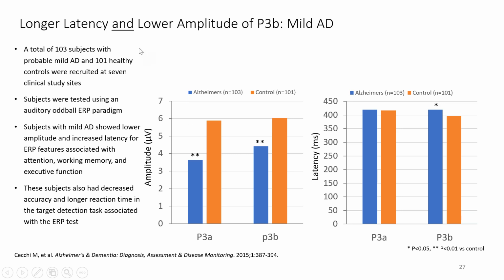All right, longer latency and lower amplitude are consistently shown when you can catch a mild Alzheimer's case. So using these measures, the research has shown that we can catch early cases. And that's another fine example of this study here.